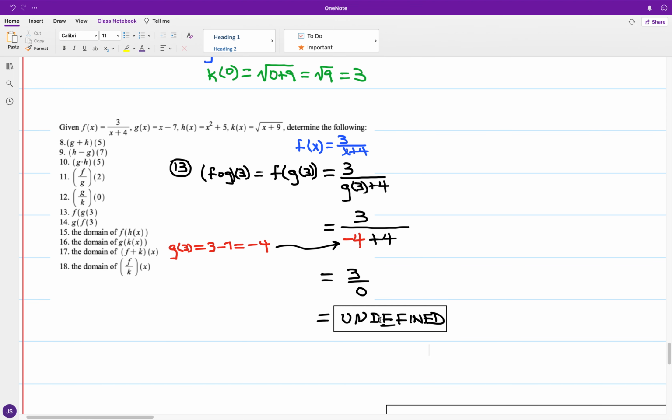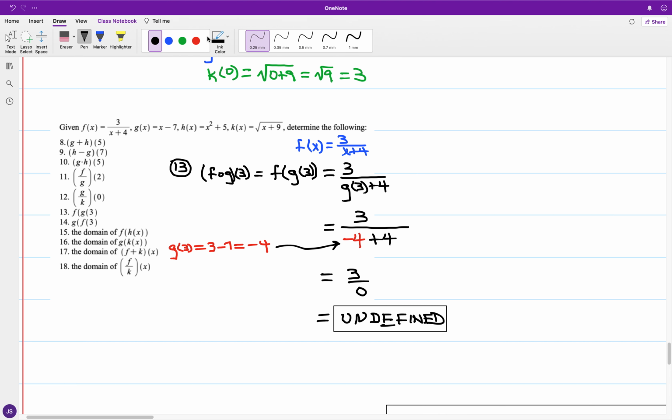And for the composition in number 14, I'm still using the same functions, but I have a reverse sequencing in the composition.